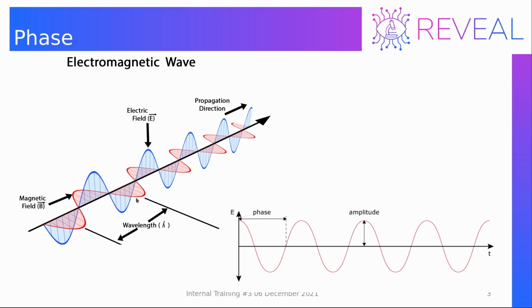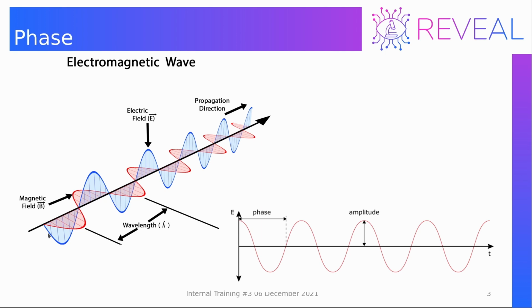And since the magnetic field component is always perpendicular to the electric field component, we never show it in the drawings. So from now on, when you see the sine wave, this will be only the electric field component, and that is because we know that the magnetic field component is always perpendicular to the electric component.